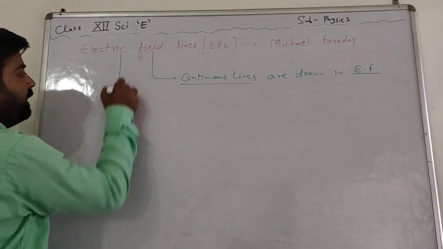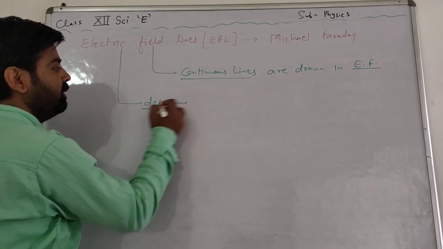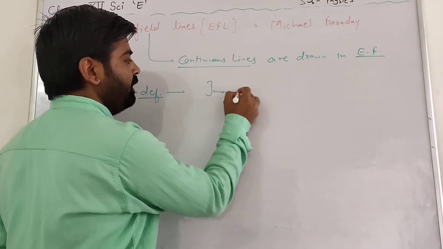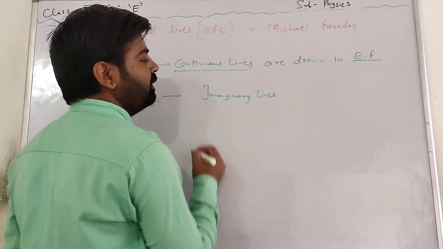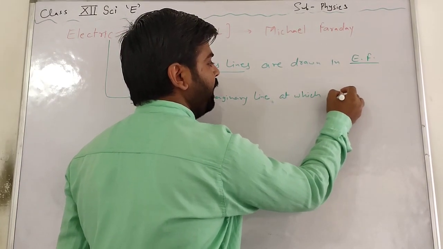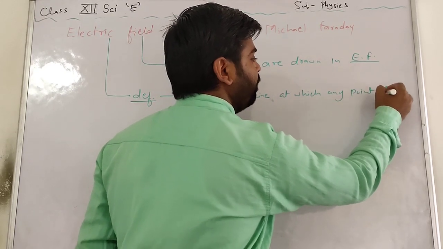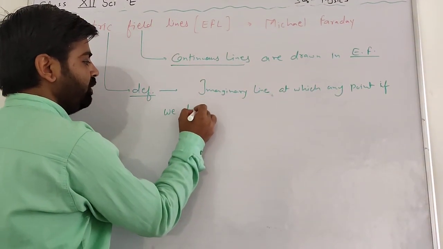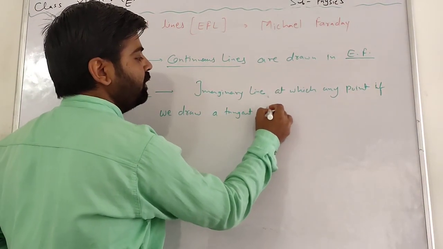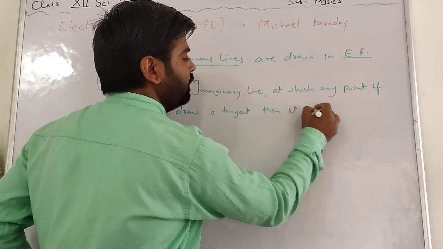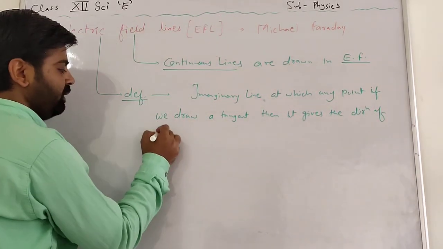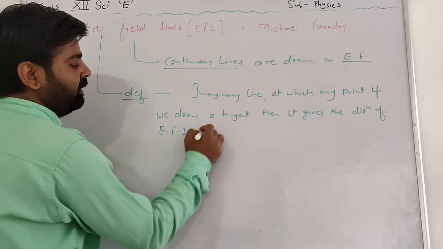The definition of electric field lines is: these field lines are imaginary lines at which any point, if we draw a tangent, then it gives the direction of electric field intensity.